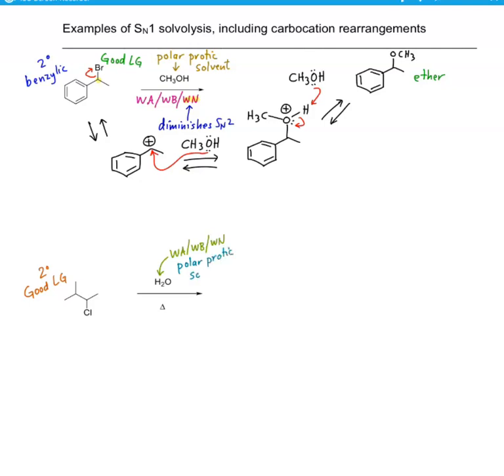Hopefully you're seeing a pattern here because all the examples of SN1 that we've done so far have been in polar protic solvents. Notice that we're heating this as well. The heating is because this is a secondary substrate. So the heating is going to help ionize the substrate. It's going to supply the energy required to break that bond.